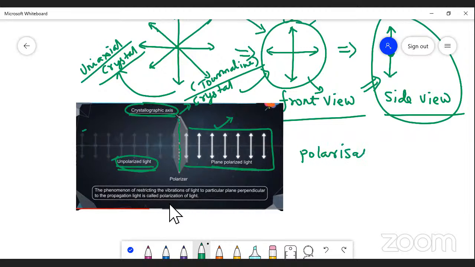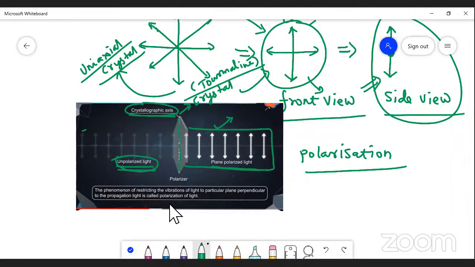Very simple. So polarization means the phenomenon of restricting vibrations into a particular plane perpendicular to the direction of propagation of a wave. Or the phenomenon of restricting the vibrations of light to a particular plane which is perpendicular to the propagation of light.